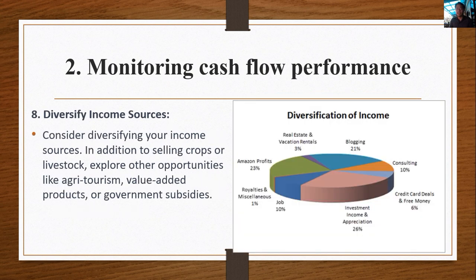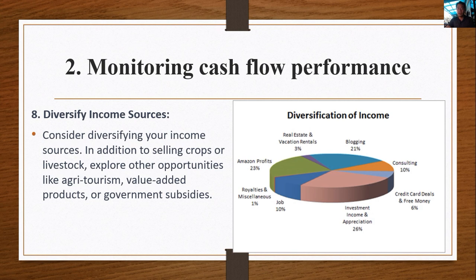Next, class, is diversifying your income source. In the agriculture industry, especially in agribusiness, we have a lot of potential to expand our operation. So you need to consider diversifying the sources of your production. In addition to selling crops or livestock, you may also explore other opportunities like agritourism, if you have that potential.